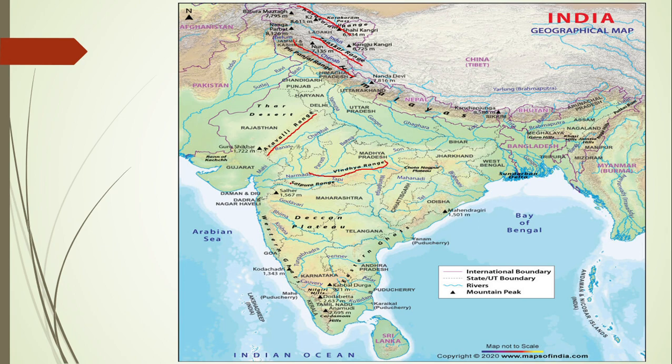Then the Satpura, it's in between the Tapti river and the Narmada river. That means south of Narmada and north of Tapti river we find the Satpura range. Then Western Ghats on the western shore of India, and Eastern Ghat mountains are on the eastern part of India.